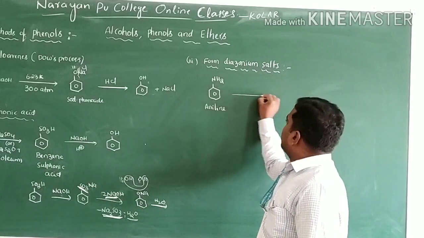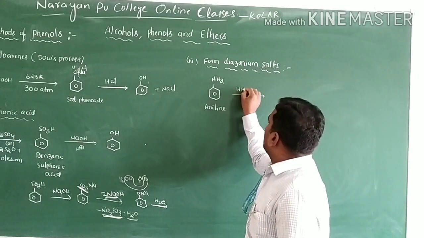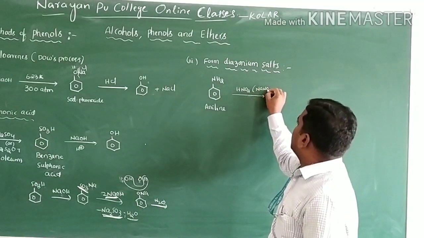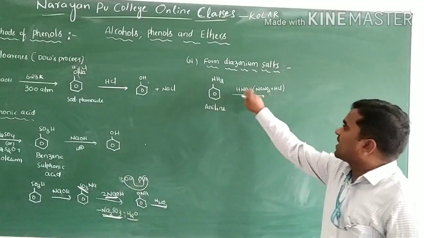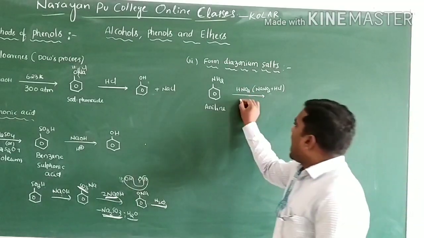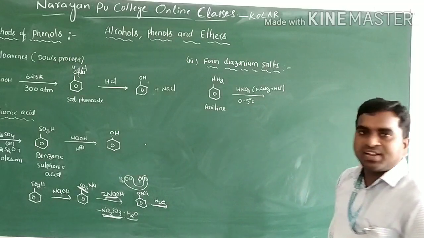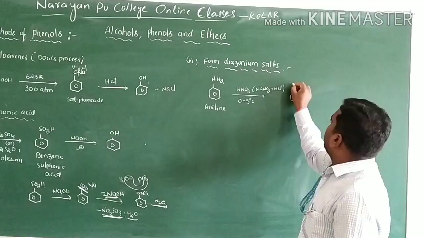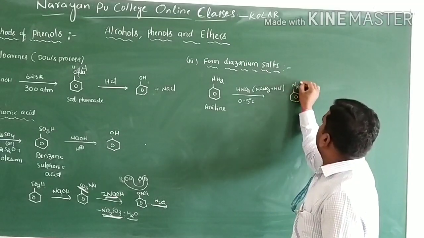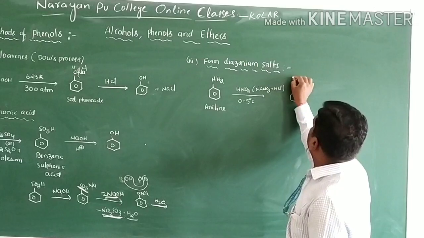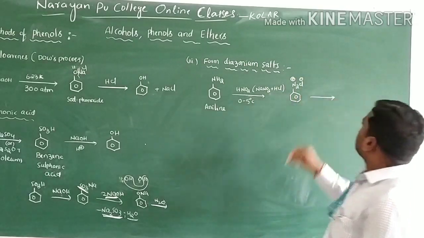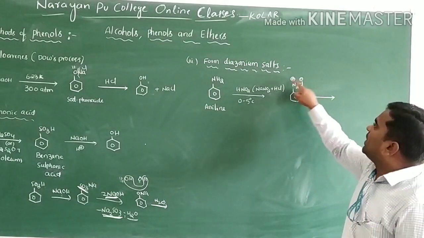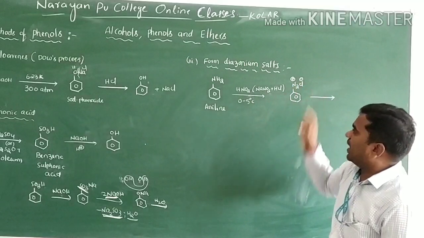When aniline is treated with HNO2, or sometimes they directly give NaNO2 plus HCl, and maintain 0 to 5 degrees centigrade, then this aniline is converted into benzene diazonium chloride. Diazonium, it is a salt, diazonium chloride.